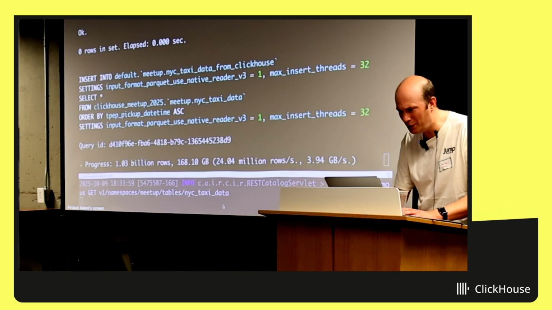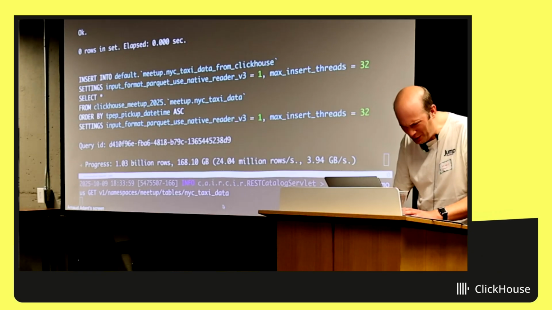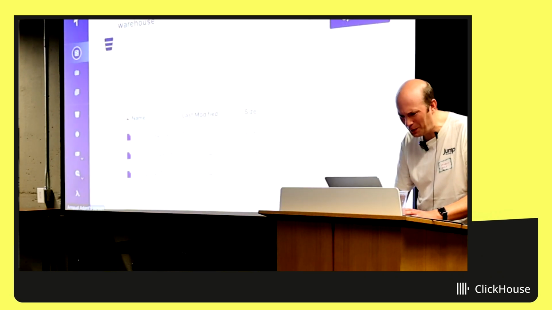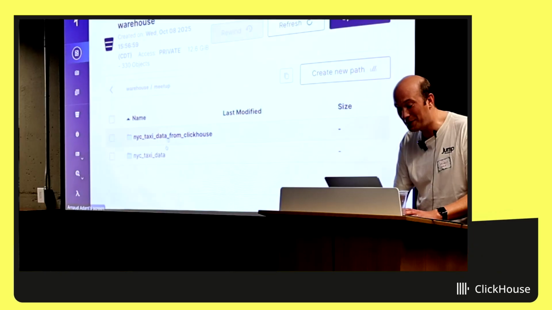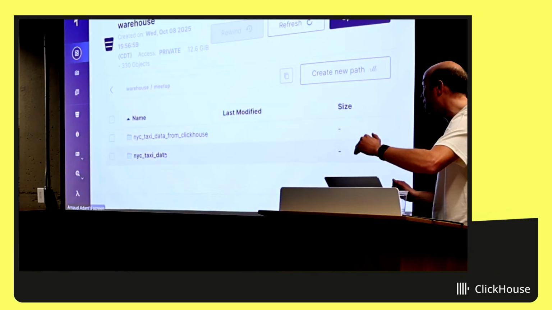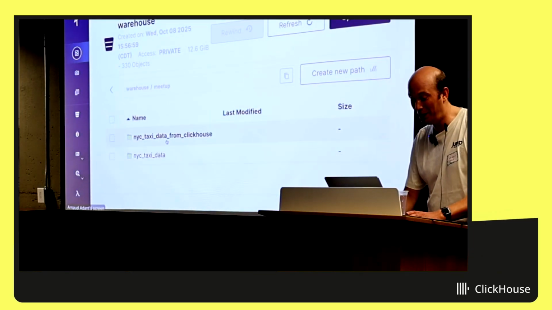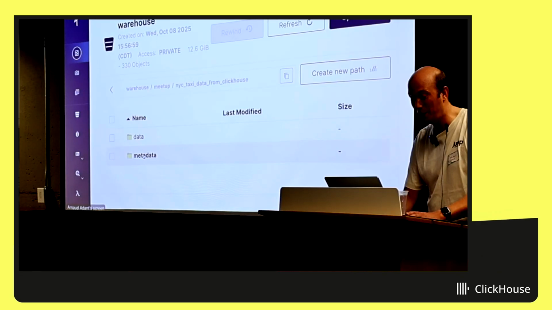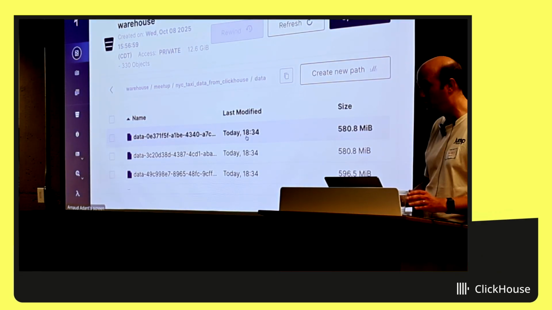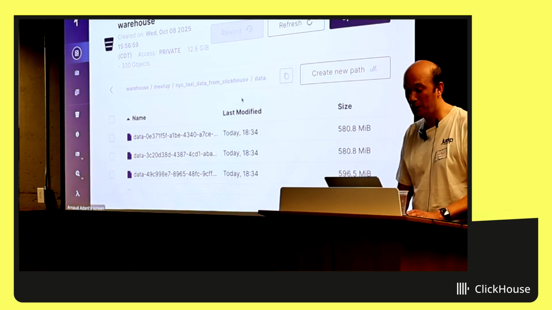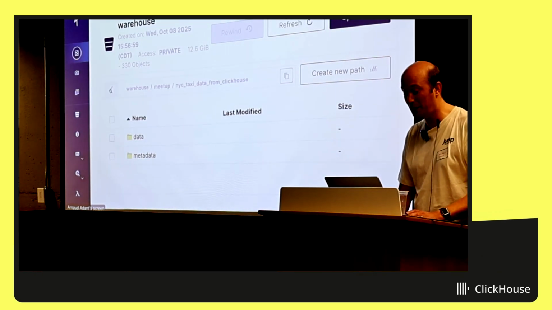And I can show you that in the object store. So the object store, the MinIO, is there, the MinIO console. I have a new table from Clickhouse. So I'm doing really one table to the other. And what do I have? I have the new metadata, and I have the data, and it's doing it in 500 megabyte chunks, which I specified because I want fewer files than the original.